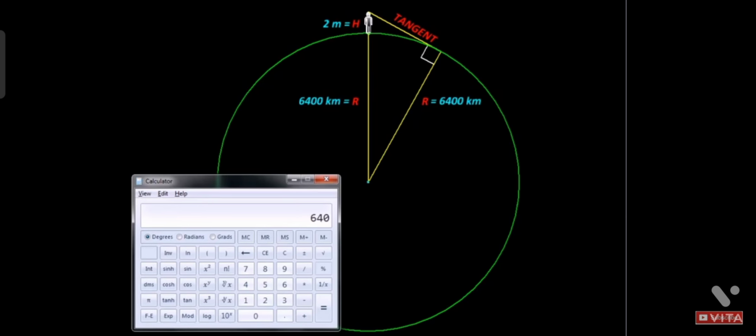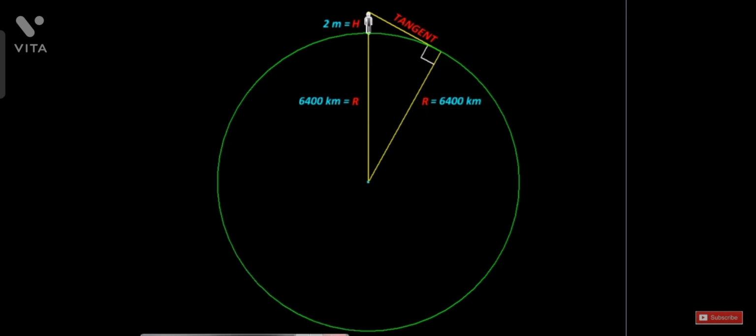I'm going to take 6400 kilometers, these many meters, plus 2 would give us the length of the hypotenuse. Let's square that, and from it subtract 6400 kilometers converted into meters and squared. And when we take the square root, we should get the length of the tangent, which turns out to be about 5060 meters. So, an observer standing at sea level would see the horizon at about 5 kilometers.